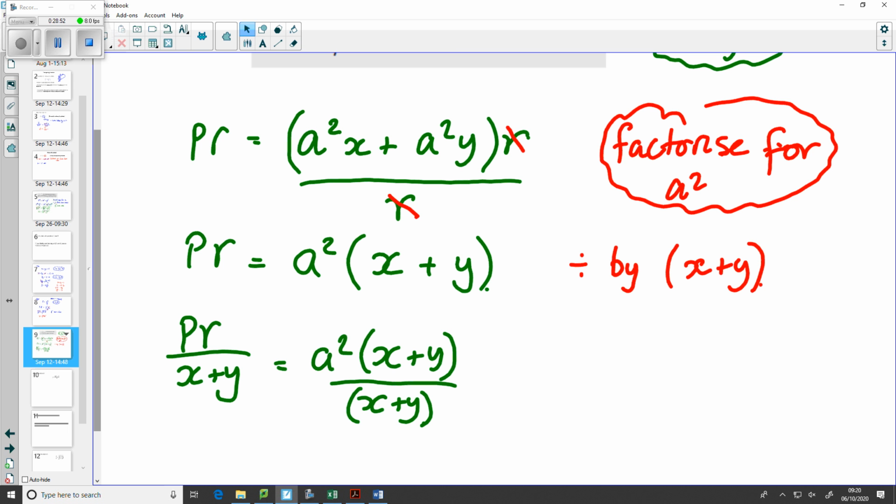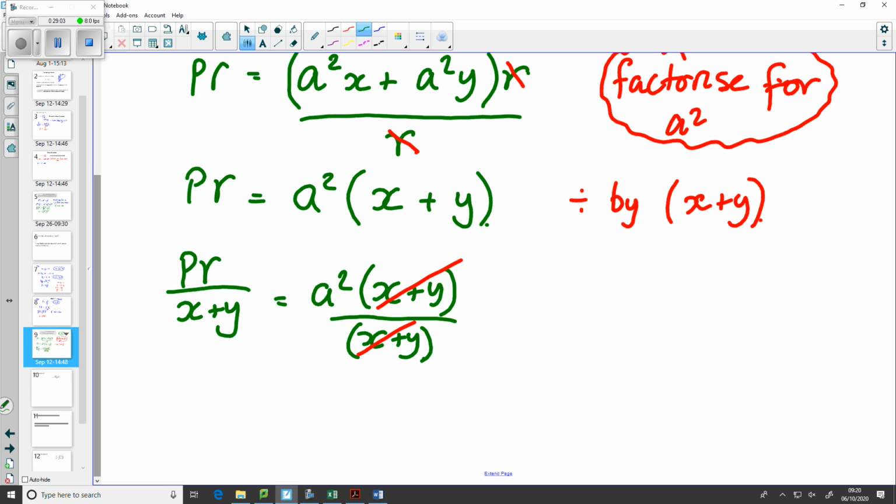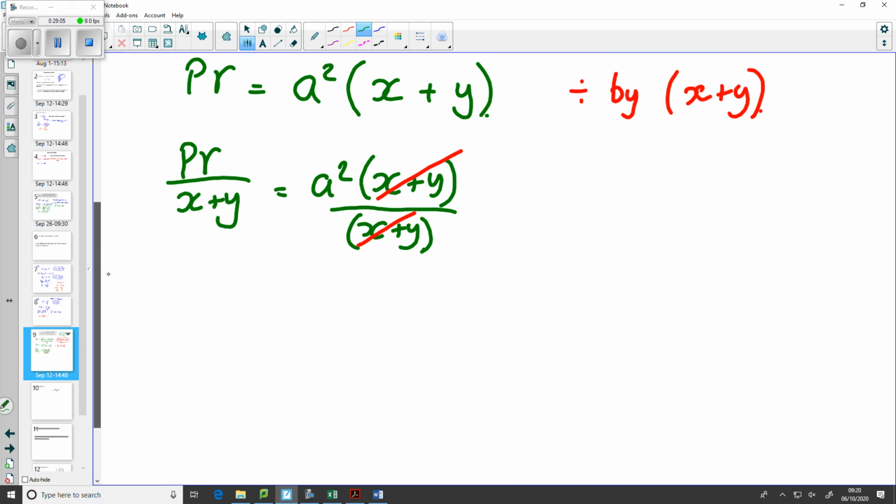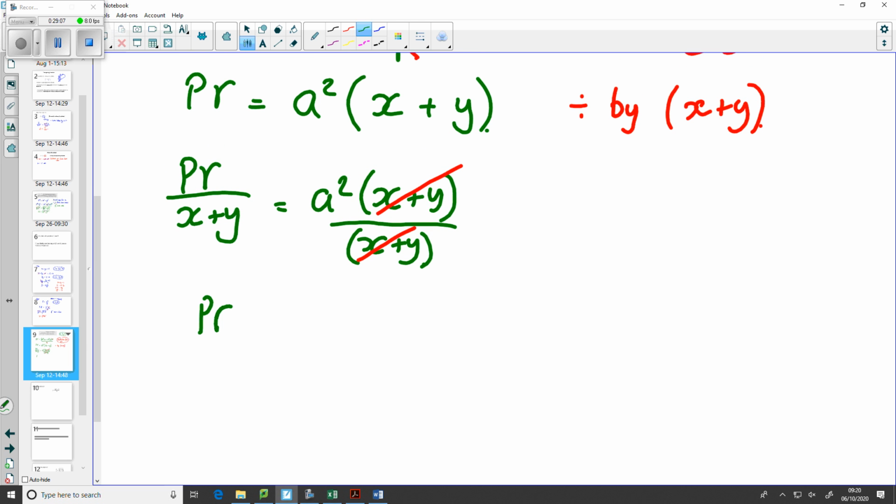And those two terms cancel to leave PR over x plus y is equal to a squared. One final thing we need to do to get a on its own, that's square root.